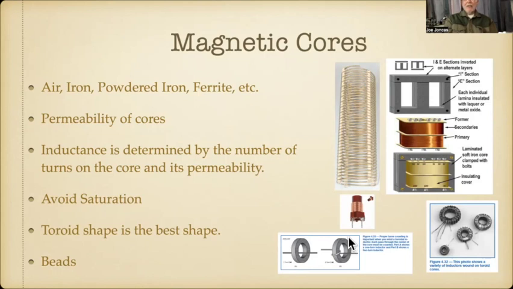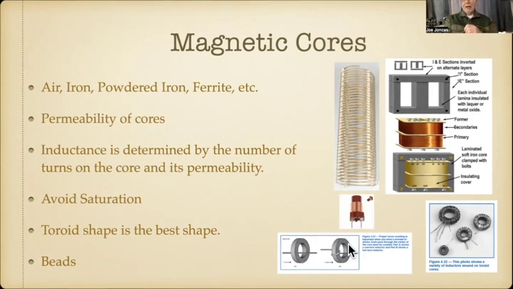And then when you saturate it, it will not give you a pure AC or a pure sine wave in and out. So you need to size the core or stack the cores so that you can handle the magnetic field.